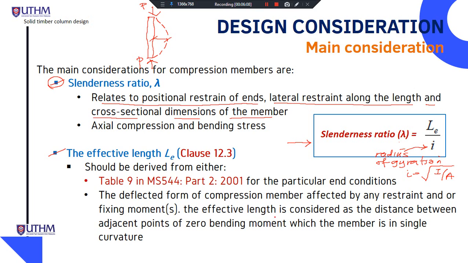The effective length is considered as the distance between adjacent points of zero bending moment which the member is in single curvature. In this course, we will derive the effective length to calculate the slenderness ratio based on table 9. So let's look at table 9.